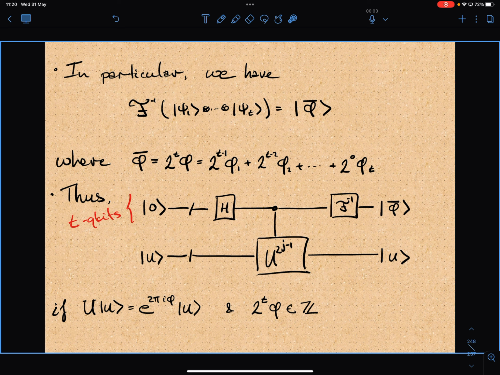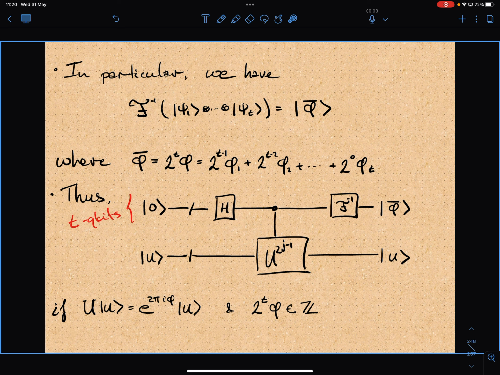The problem here is that if the phase doesn't have a terminating base 2 expansion, then this is not going to give you the phase completely accurately.